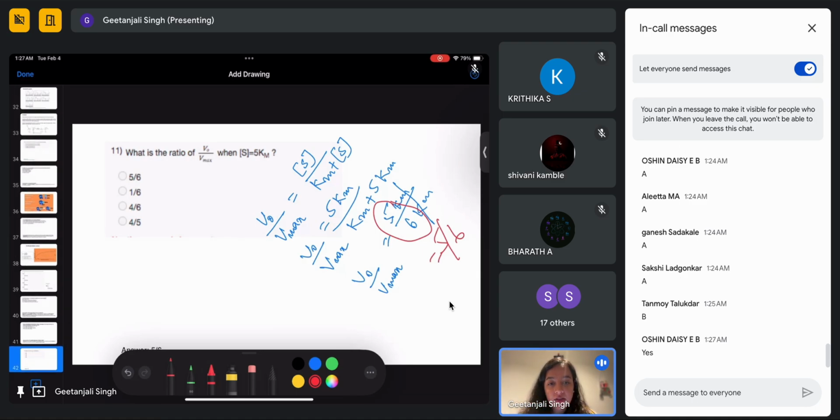Now, this brings us to the conclusion of this problem solving session. I hope you guys understood more or less all the things that I tried to explain. If there's anything, please let me know. You can also post your questions or any doubts in the forum, or you can email me.